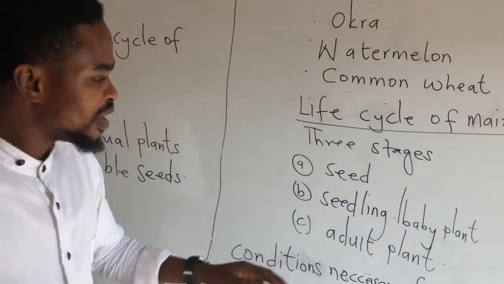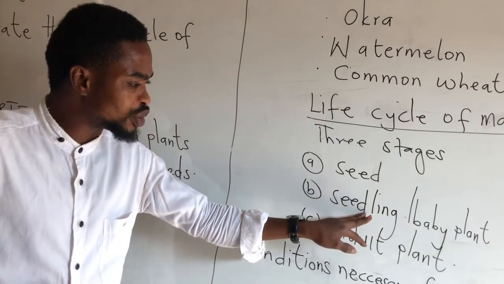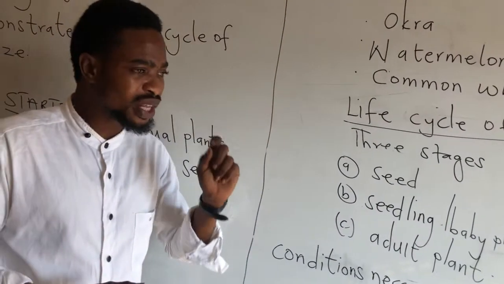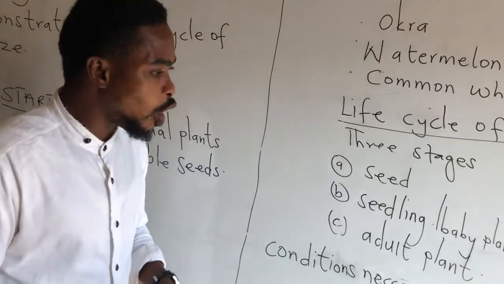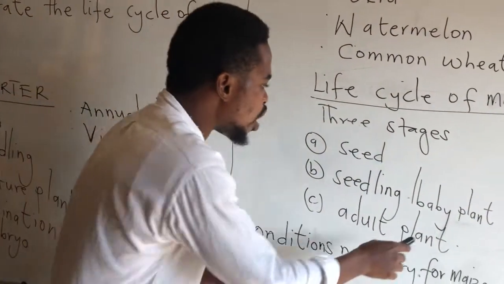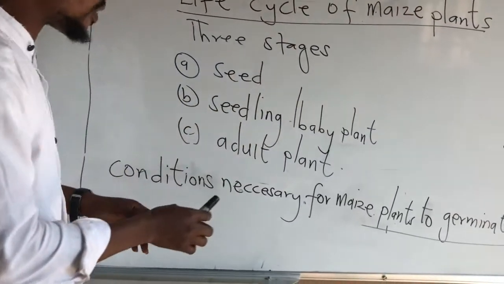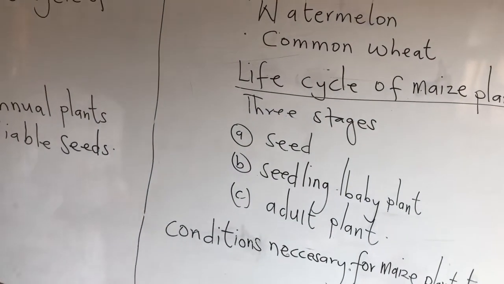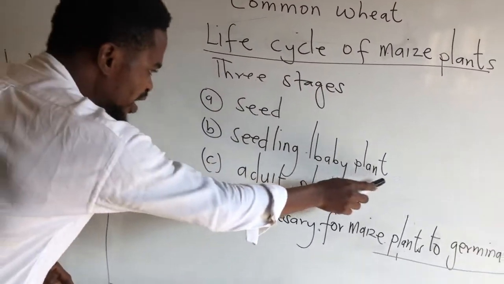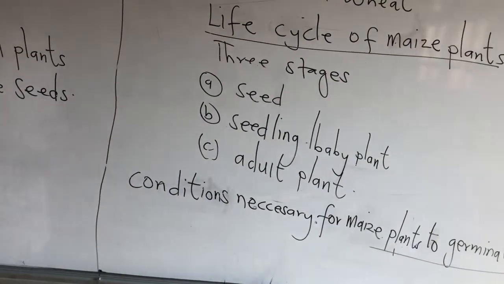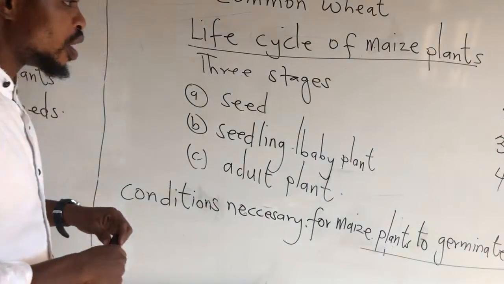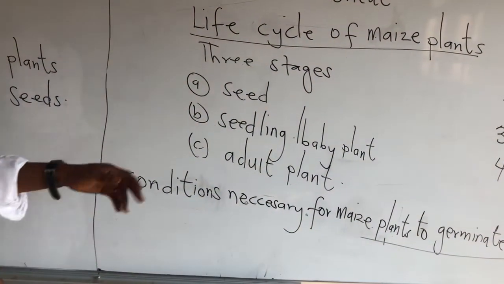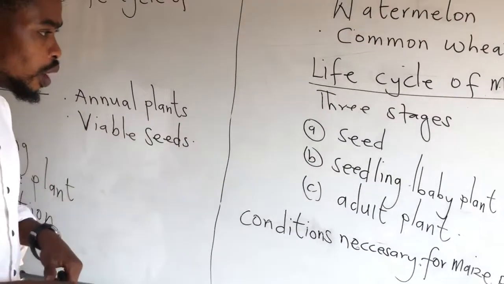Now, remember, for a seed to develop into a seedling, it first of all needs to germinate into a seedling or baby plant. At this stage, the baby plant also needs certain conditions such as sunlight, rainfall, water, or air to be able to do well.